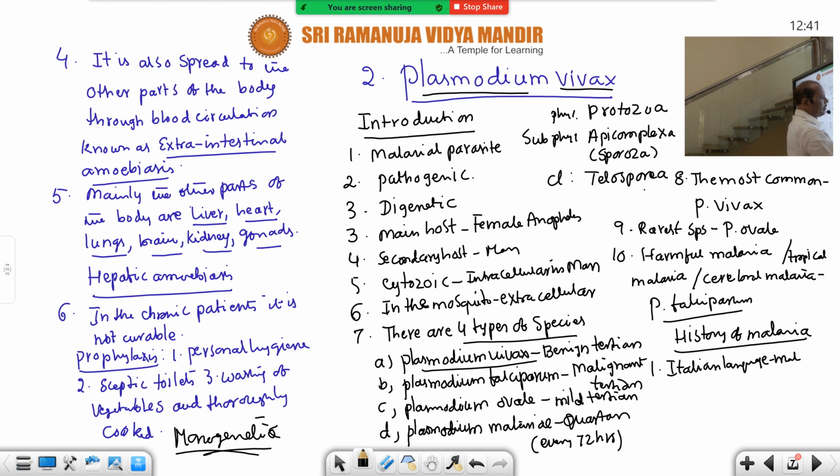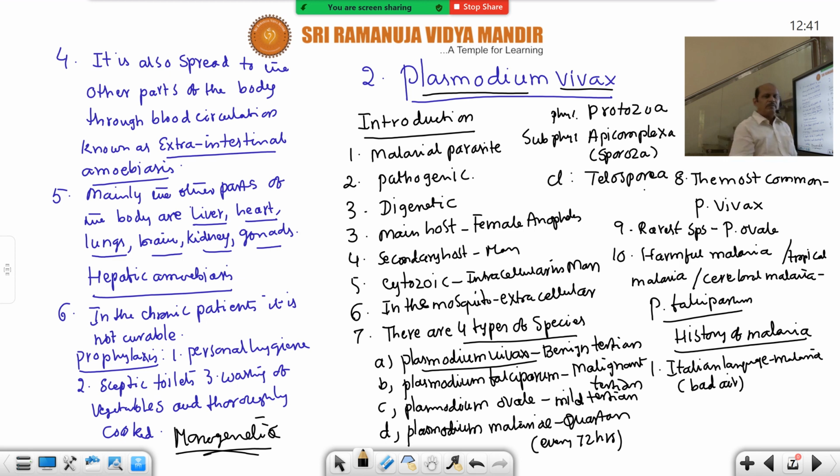Malaria means bad air: mal means bad, aria means air. Its meaning is correct, but the name given to the disease is actually wrong.